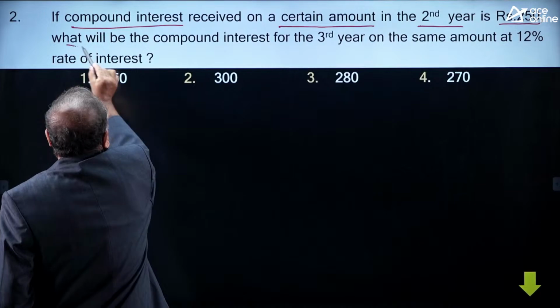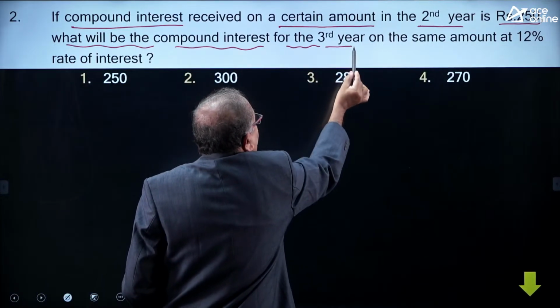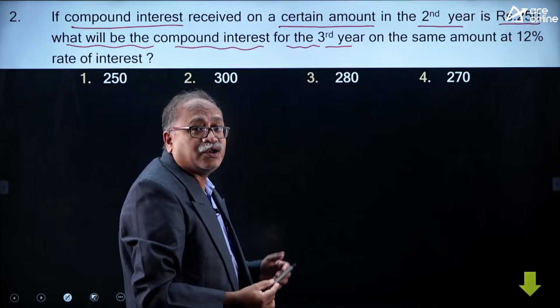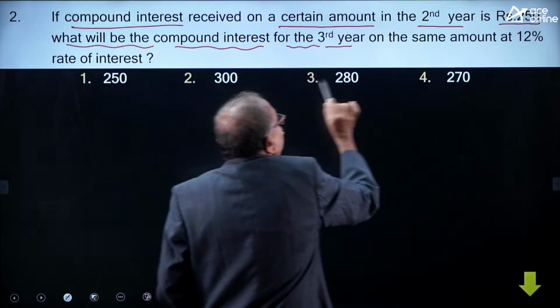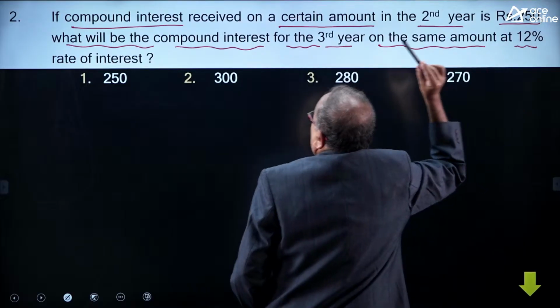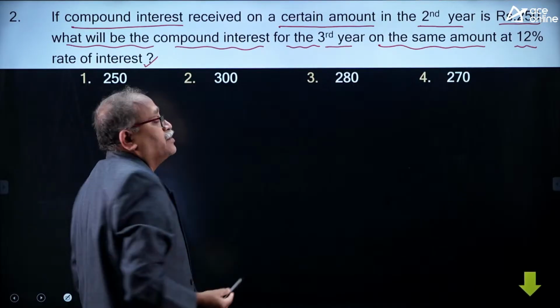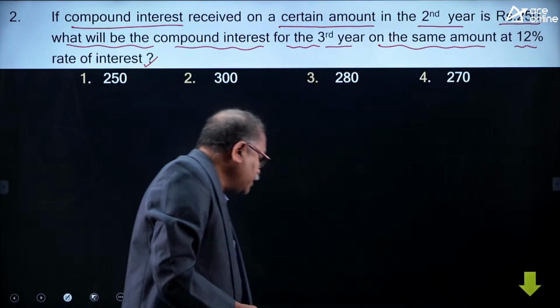Now, what will be the compound interest for the third year, not at the end of third year, only third year, on the same amount at the rate of 12% per annum interest? Think of it.